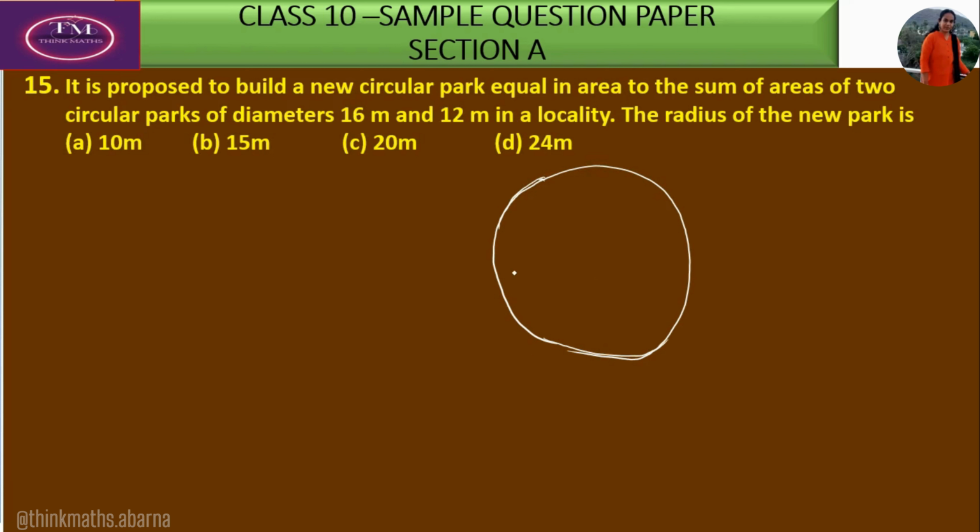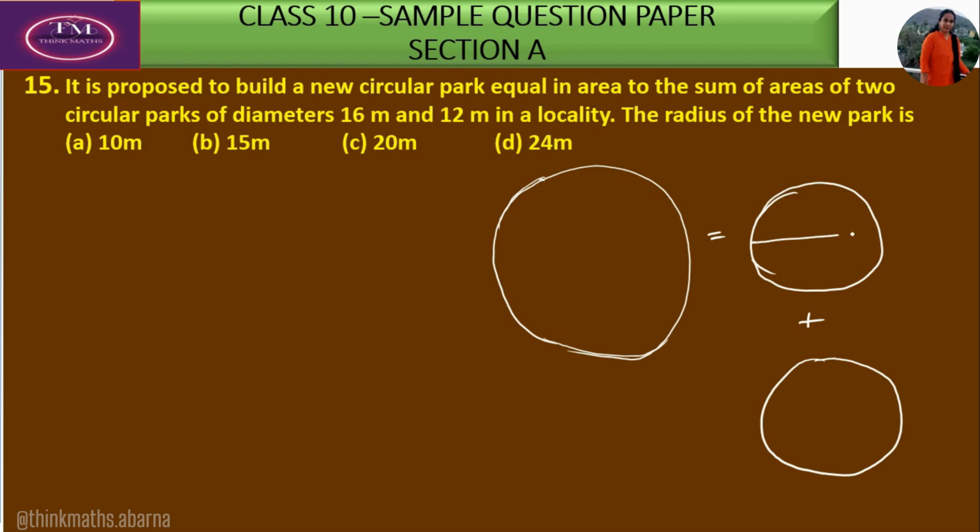Its area is equal to the sum of the areas of two circular parks, which have the diameters 16 meter and 12 meter. We have to find out the radius of the new circular park.